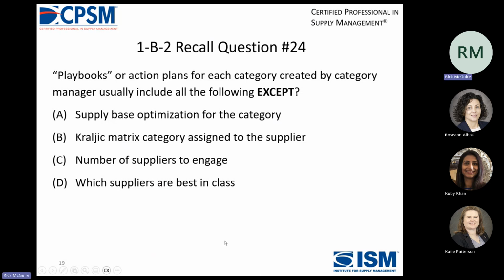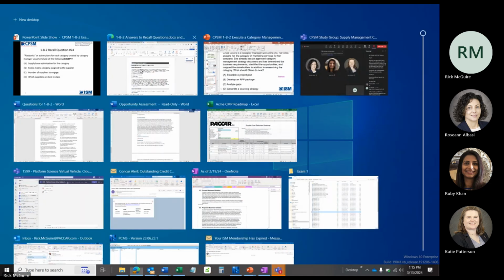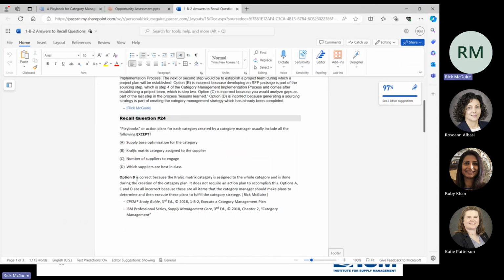One of these doesn't go with the other 3. So these two. B. Yeah, I think it's going to be A or B. I would probably go with B too, because I think that happens as part of the category strategy. Let's see what these guys say. B it is, yep. Done during the creation of the category plan, not the implementation.